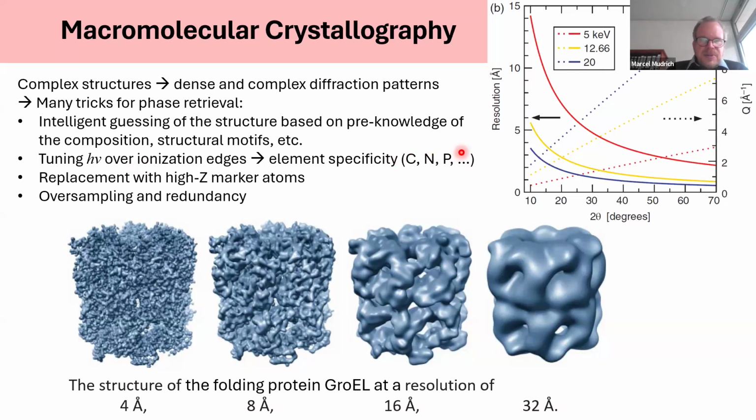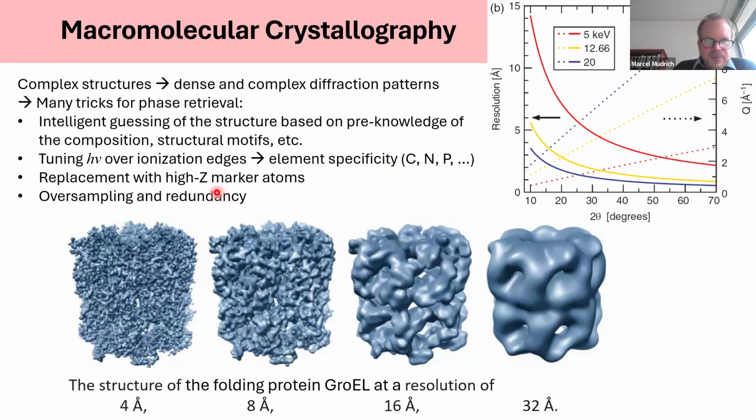And then, yeah, we get different information about the arrangement of the specific atoms in the protein. So we can select out specific elements and get their structural information in the protein.